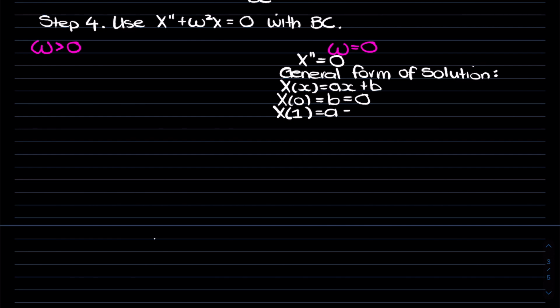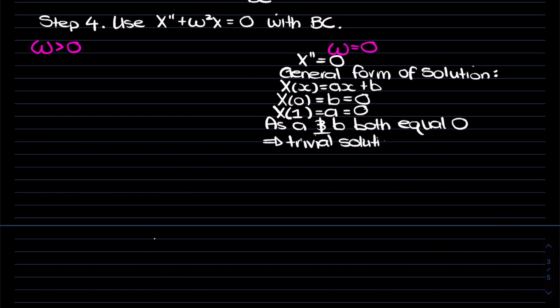And this also has to equal 0 according to our conditions up the top. And because a and b both equal 0, then we just have the trivial solution.